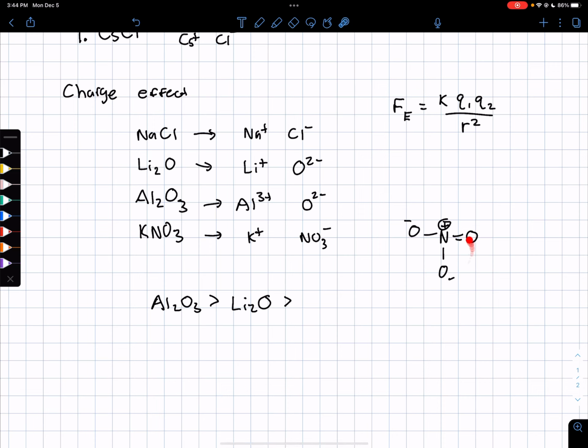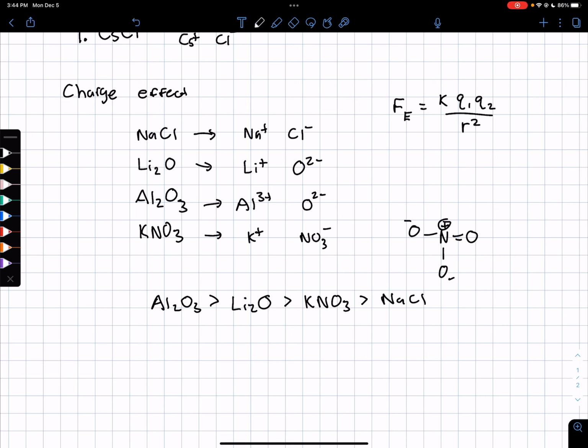So I have to imagine that chloride is much smaller than this polyatomic ion, right? So I would say this is smaller, and we know that a smaller radius would yield a bigger force, or since the radius is inversely related, a bigger radius would yield a smaller force. So it would be KNO3 and then sodium chloride.